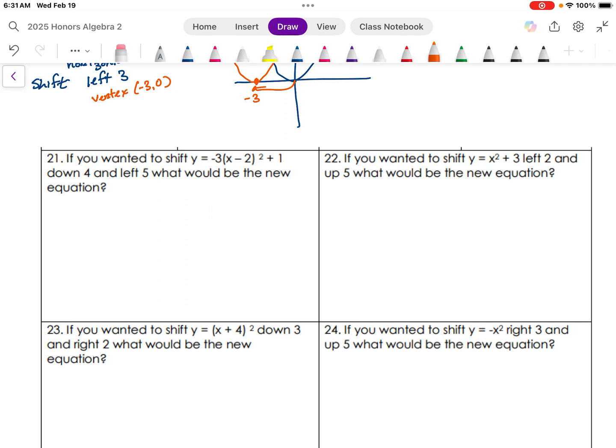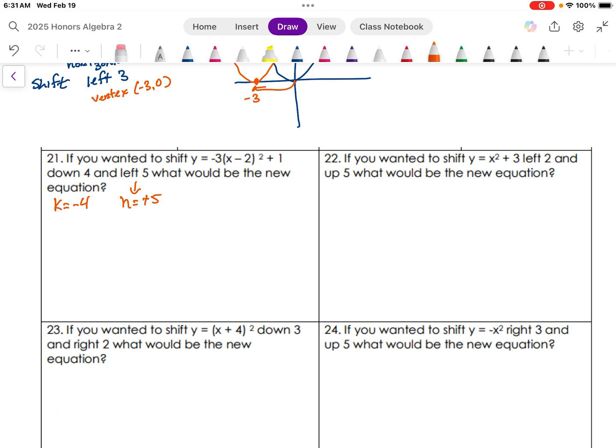So the down 5 tells me that with the k value, I need to subtract 5. And then this left 5 tells me that the h value, if I'm doing it to the left, that means I have to be adding 5 to the h value because the adding moves me to the left.